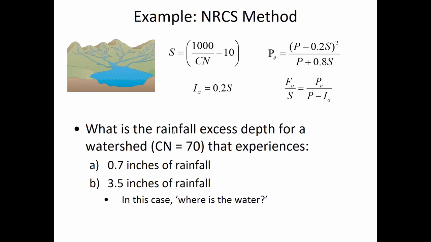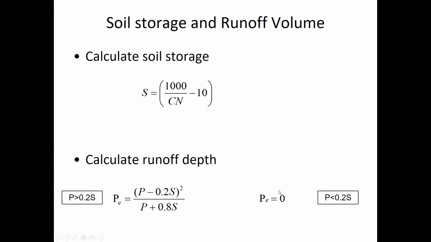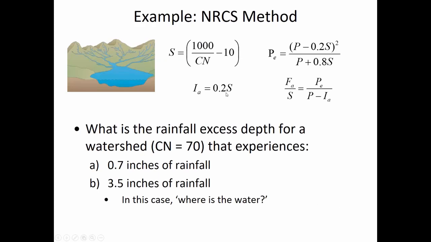So remember, the first thing you have to do is compare precipitation to the initial abstraction. And so for part A, the question is, is this 0.7 inches of rainfall going to be more than 20% of the storage?